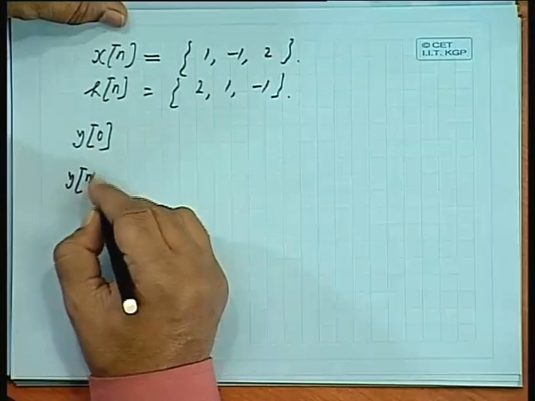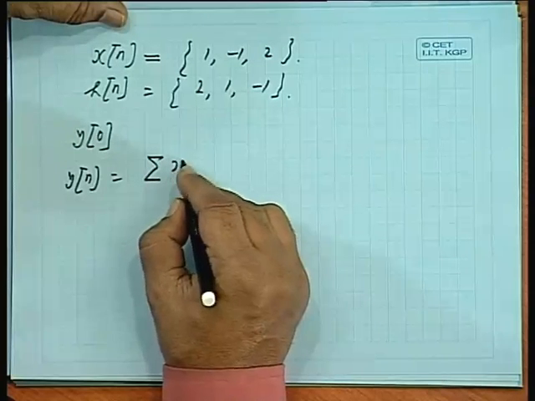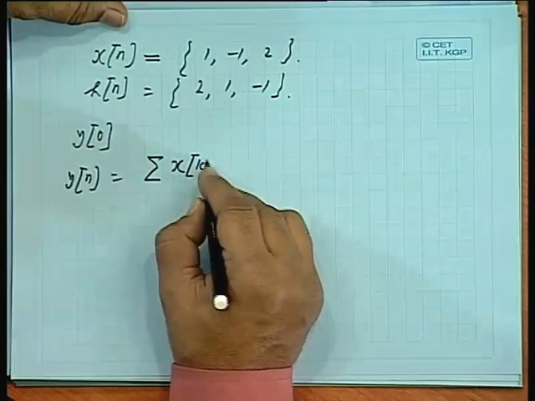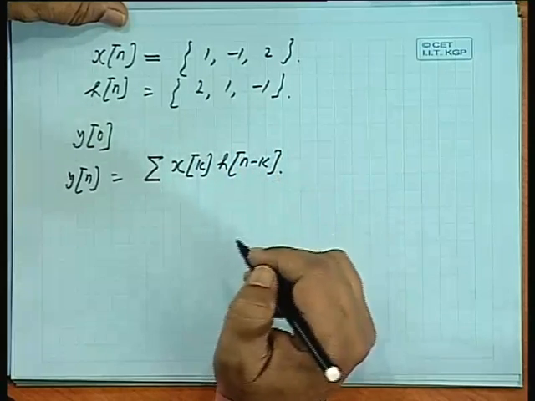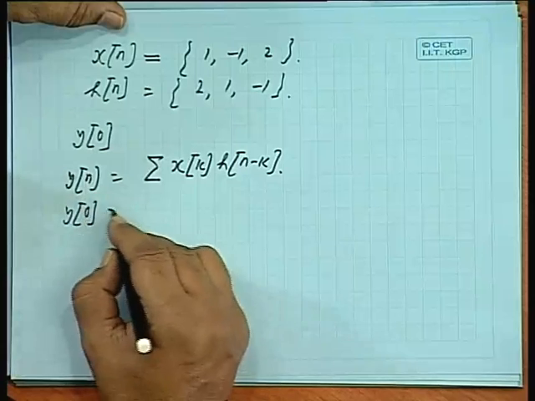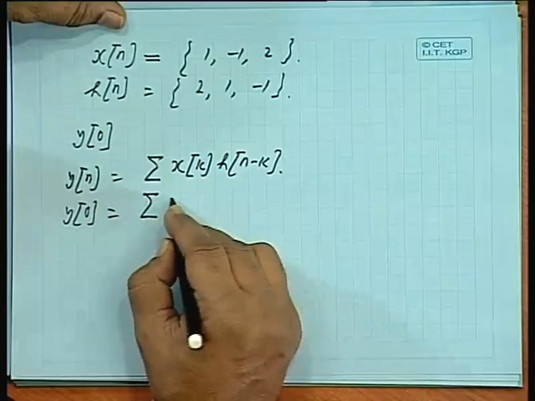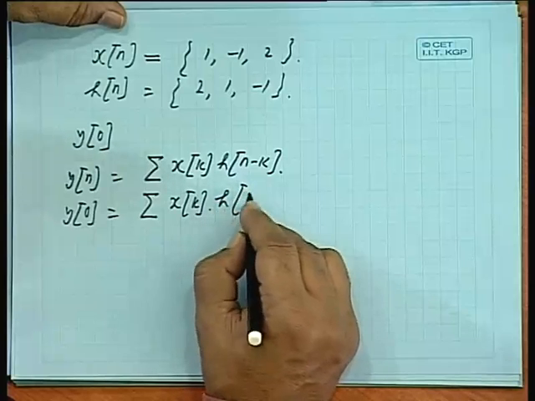y[n] we have written as summation x[k] h[n minus k]. So, y[0], n is equal to 0, it should be x[k] h[0 minus k].